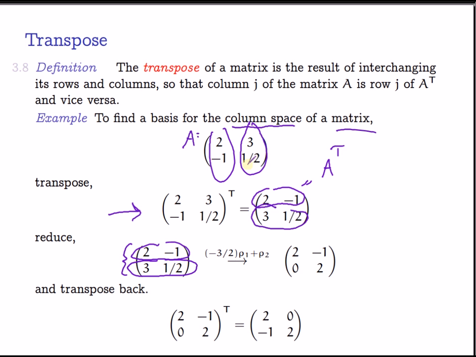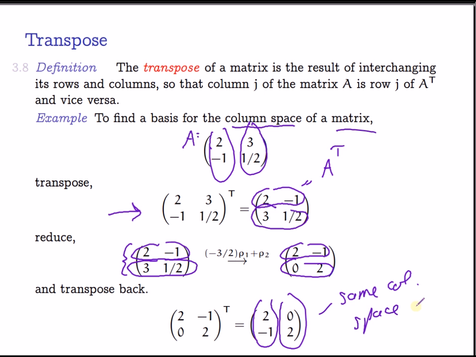So if I change these rows into columns, I'll get a matrix for which the column space has the same span as the original matrix A. So it has the same column space as A.